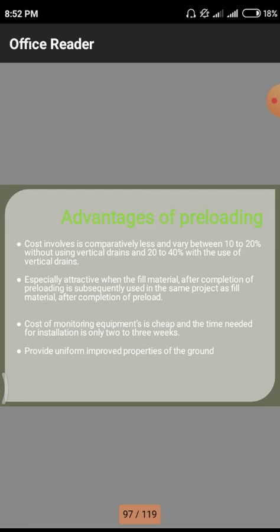The next point is that it is especially attractive when the fill material after completion of the preloading is subsequently used in the same project as fill material. Normally, for different kinds of structures we have to employ different filling materials after the basement work is over.